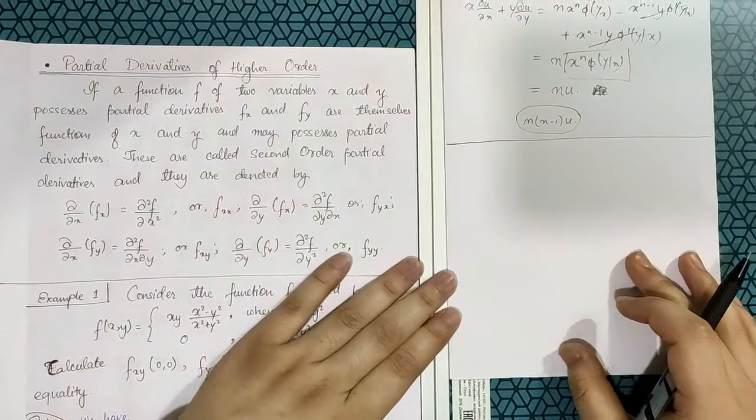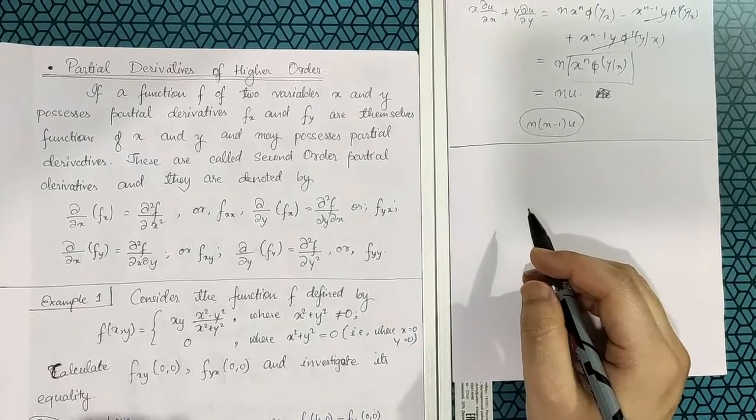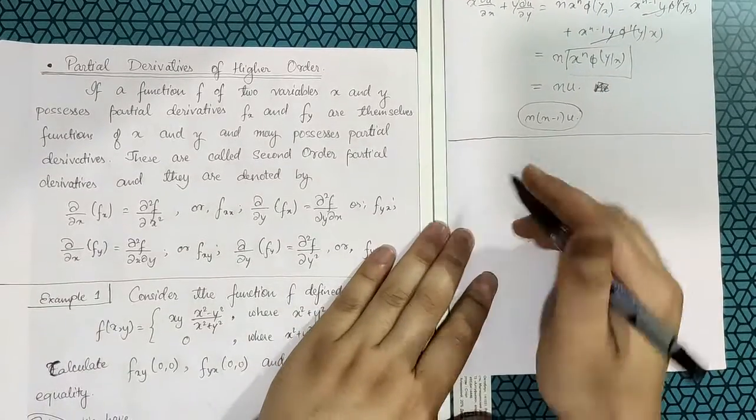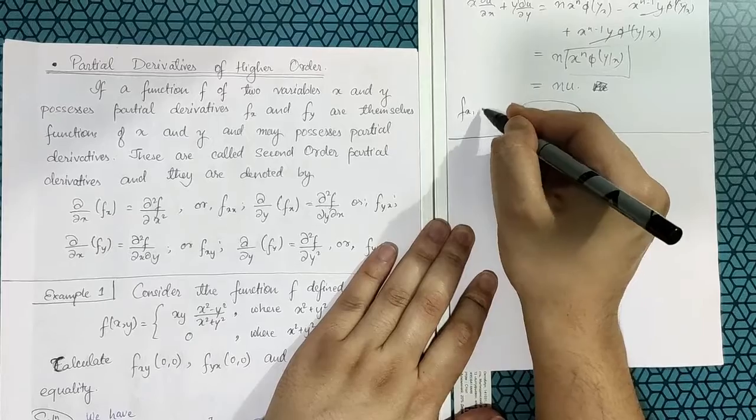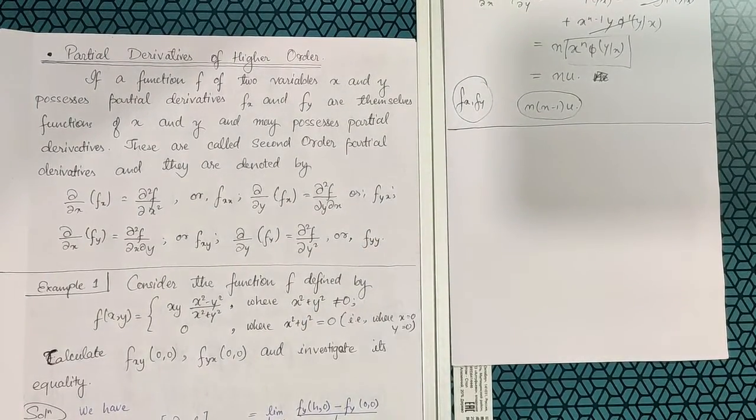So let us define partial derivatives of higher orders, because we already know the partial derivatives, namely f_x and f_y. So we now define for higher orders.